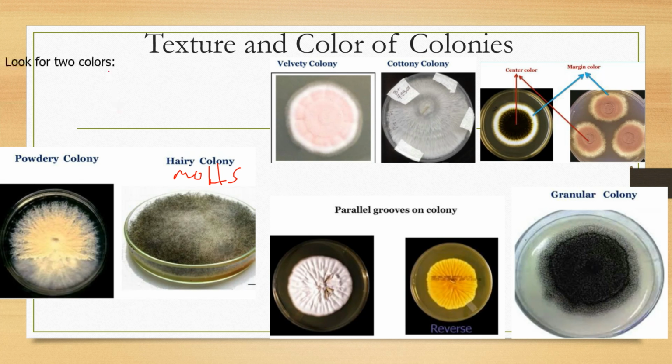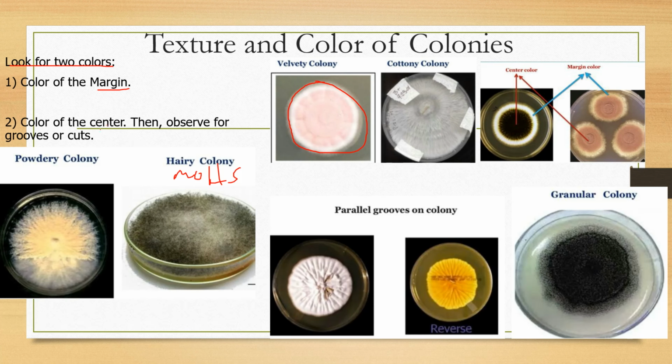In determining the color of colonies, you need to look for two colors, class. The color of the margin. When you say margin, you're talking about the outer appearance, the outer layer. Then the color of the center. Then observe for grooves or cuts.